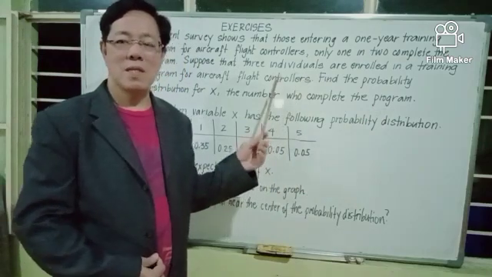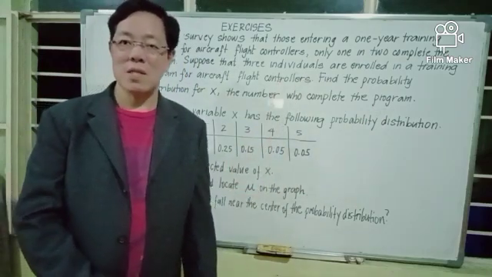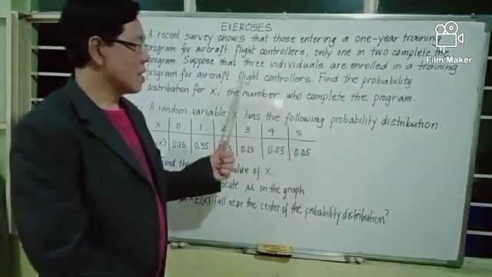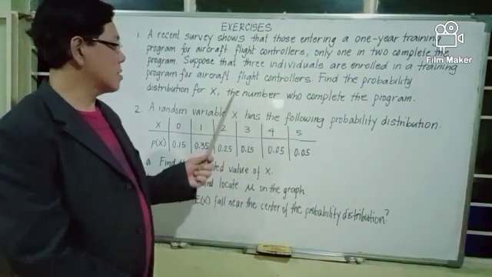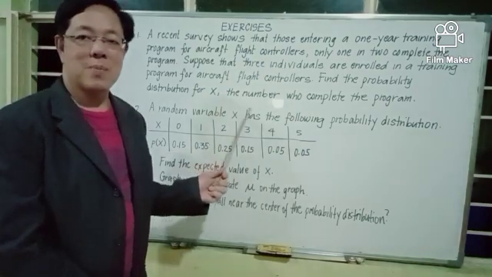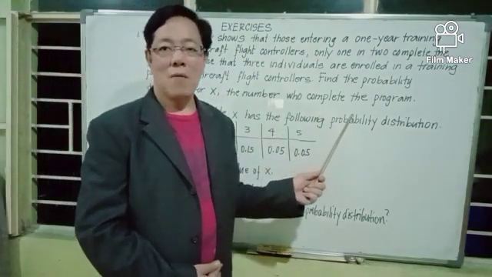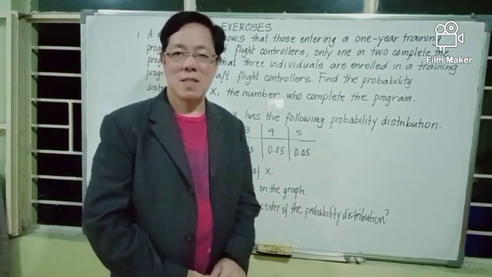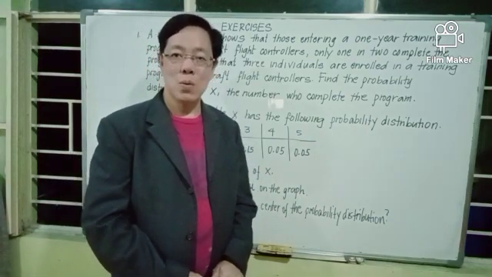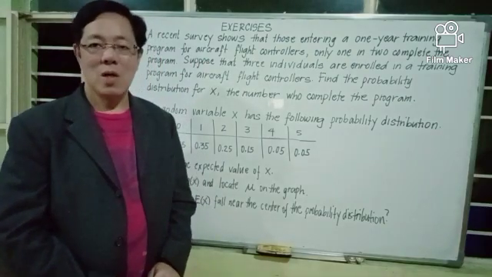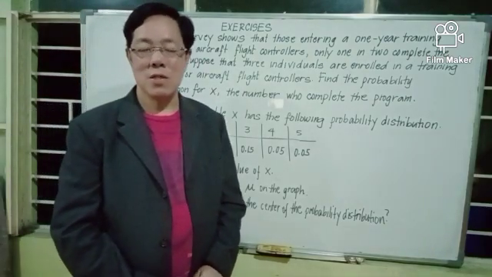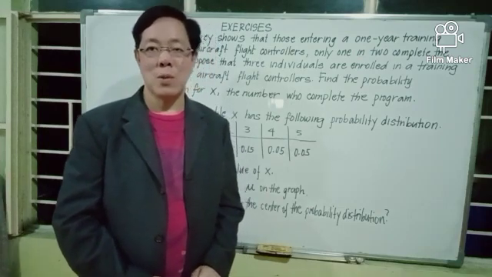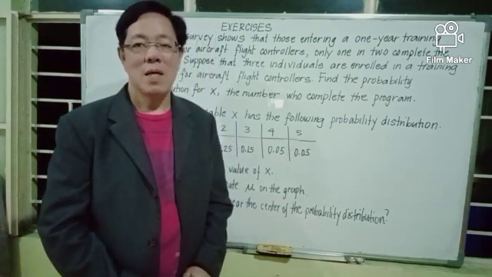This problem is a problem on probability distribution for discrete random variable x. In this particular problem, the discrete random variable x represents the number of individuals who complete the program. And the problem says that only 1 in 2 individuals who enrolled in the training program, 1-year training program for aircraft flight controllers, complete the program.